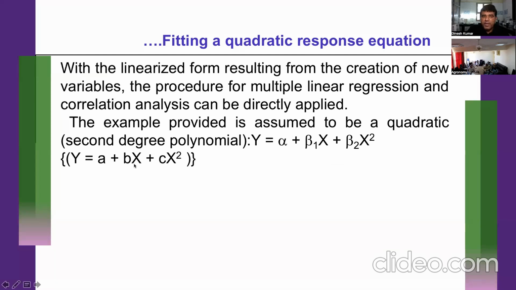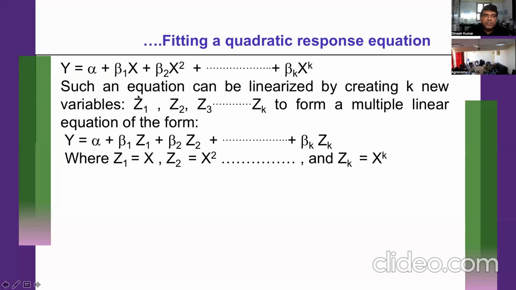Beta 1 is B and X, and Cx square, this beta 2 is your C. This X is converted into Z1 with some relationship, and then X square is converted into Z2. So it is now a linearized form. It is not a polynomial form now.